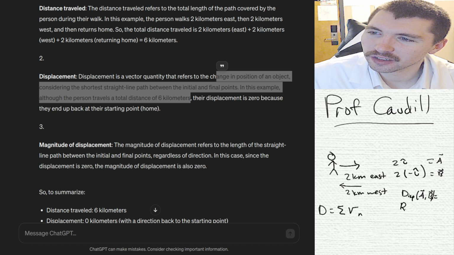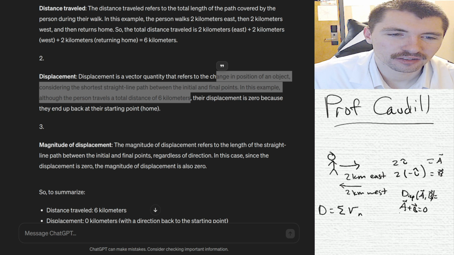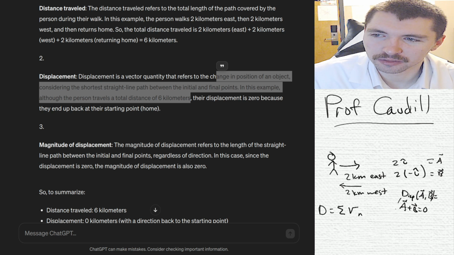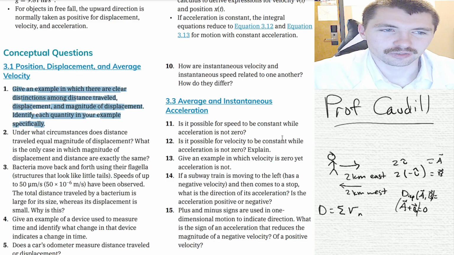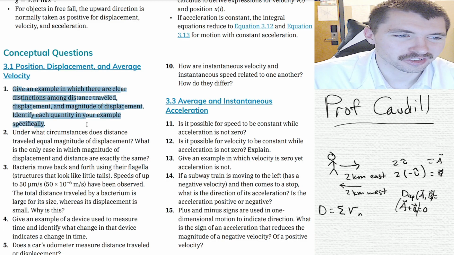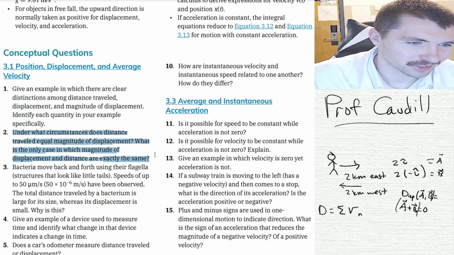It's going to be A plus B, 0, I think. And magnitude is always just that. So the language model is kind of struggling just with the first question.